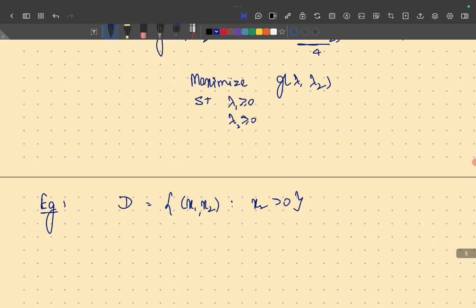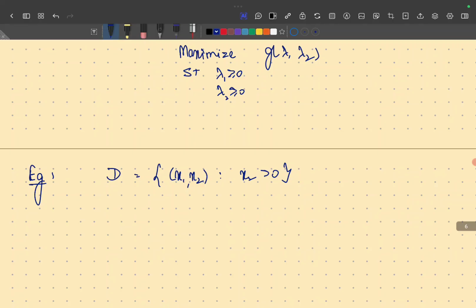No constraints on x1, but x2 is greater than 0. This is where the objective function and the constraint functions are defined. And the problem is minimize e to the power minus x1, subject to the constraint that x1 square by x2 is less than or equal to 0.